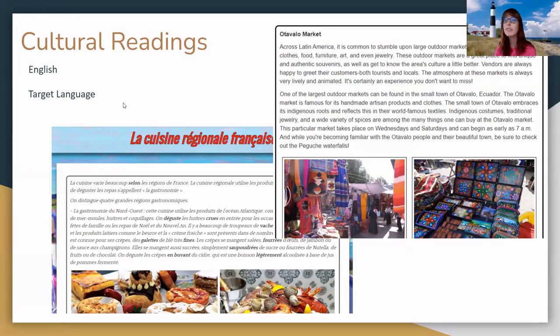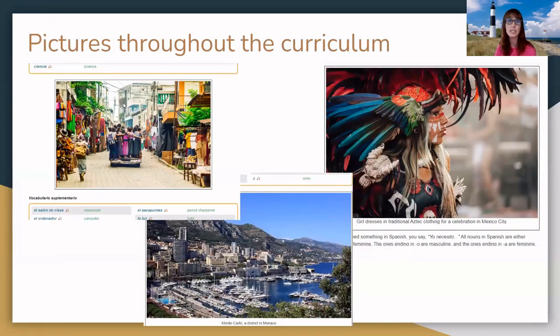And everything in Voces has pictures everywhere. That's one thing that I absolutely love about Voces Digital, is that every page has some sort of image on it to just give you that glimpse of the target country. So you've got this picture over here of people riding on the back of a truck or something. Just great pictures where students can take a look at it. You can discuss them with your classes. They don't need to be something that you just scroll by to get from one activity to the next.